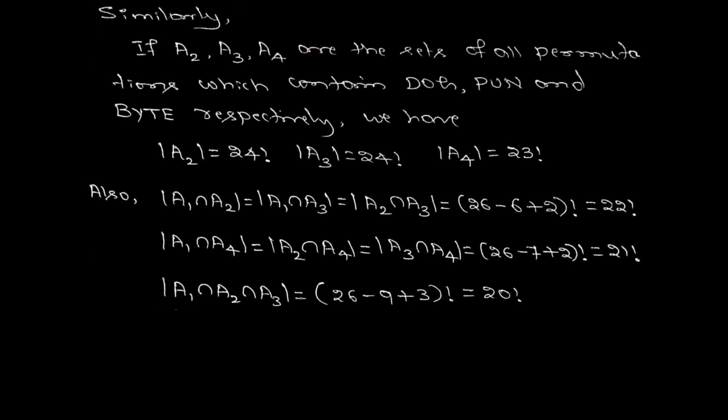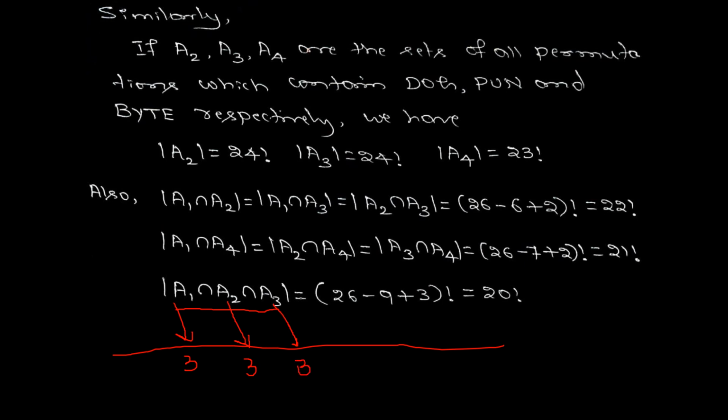Now all 3 conditions taken at a time. That means the set of all permutations which contains the word CAR as well as the word DOG and the word PUN. So therefore A1 intersection A2 intersection A3, all are 3-letter words, 3, 3, 3.